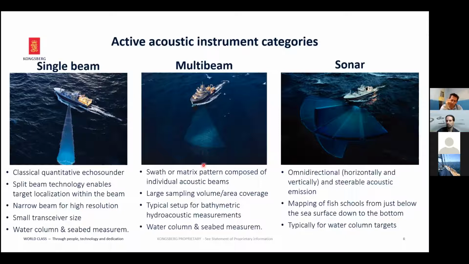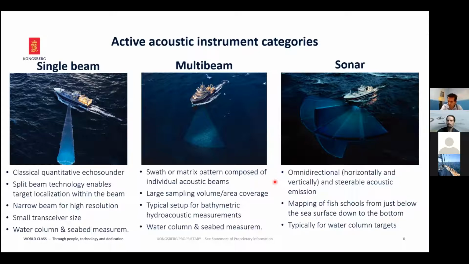These can either be in the form of a swath, or they can be arranged in the form of a matrix. You thereby have the advantage of insonifying a very large volume. So you can either investigate a large water body volume, or you have a large area coverage on the seafloor. You can use such a system for bathymetric measurements, but you can also use it for water column investigations.